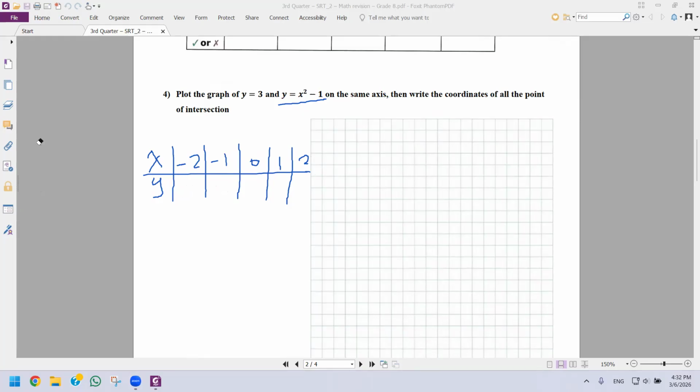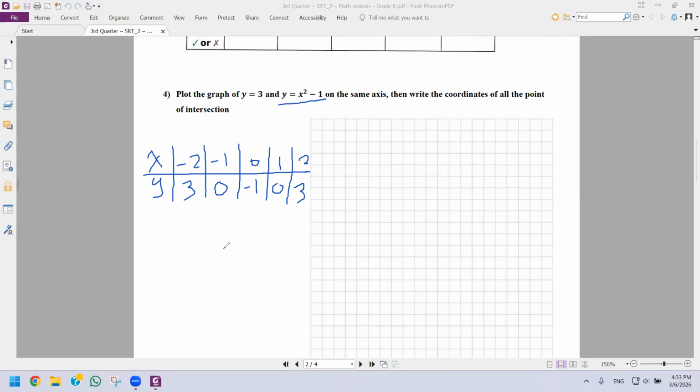We do minus 2 squared is 4, and then minus 1, 3. Minus 1 squared is 1, minus 1, 0. Now let's try 0. 0 minus 1 is minus 1. Let's try 1. 1 squared is 1, minus 1, 0. 2 squared is 4, minus 1, 3.